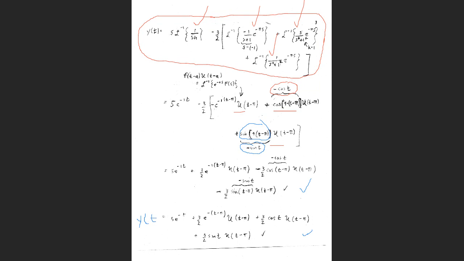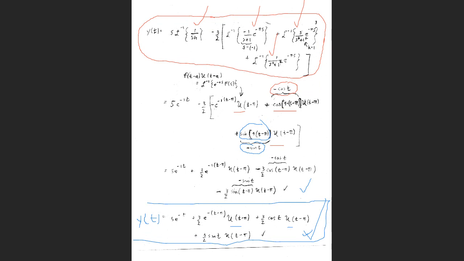Finally, of course, y of t is equal to this function of t right here. But you do have these unit step functions. And remember, the unit step functions have t minus pi. Those unit step functions will equal 0 when t is greater than or equal to 0 and less than pi.